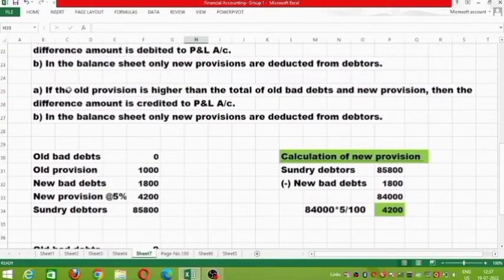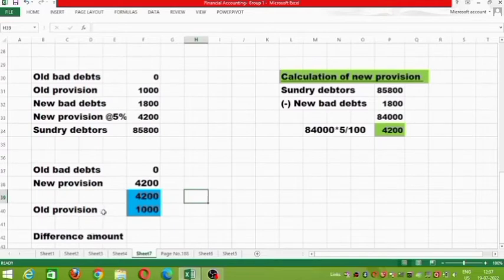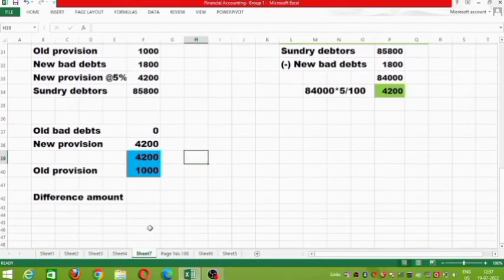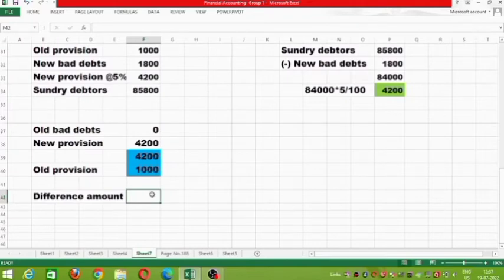So let's read now. If the old provision is higher than the total of bad debts and new provision, then the difference amount is credited to P&L account. But here we can see that the total of old bad debts and new provision amount is higher, that is 4,200. So now we need to calculate the difference amount of 4,200 minus 1,000, that is 3,200.